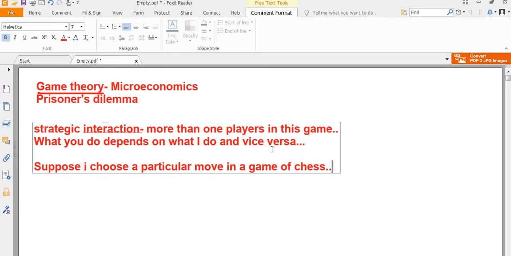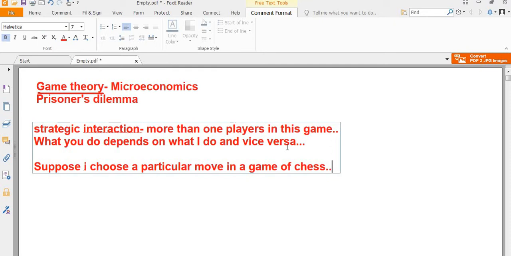You cannot decide abruptly, or haphazardly, what you want to do. You have to protect your knights, you have to protect your king, you have to protect your pieces in general, and you have to play accordingly. That determines the outcome of the game. So not just your move, but what I play is also a determinant of the outcome of the game.